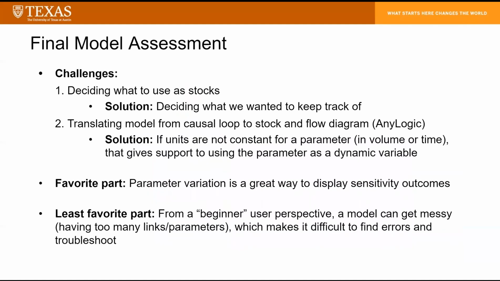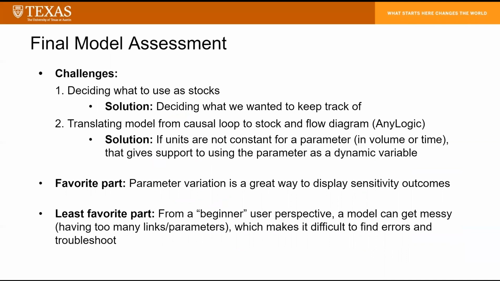In terms of the general assessment for this homework, there were 2 major challenges. The first one was to decide what to use as a stock. And the solution to that was basically deciding what we wanted to keep track of.